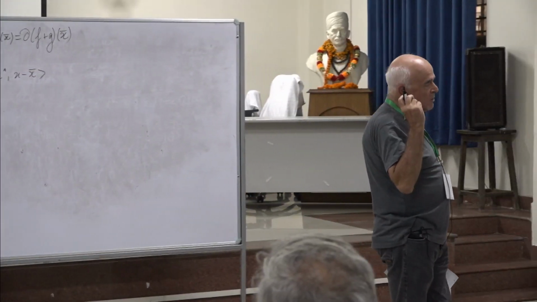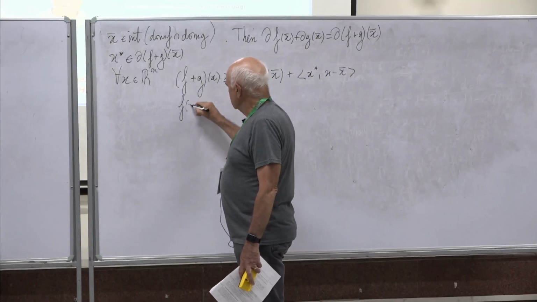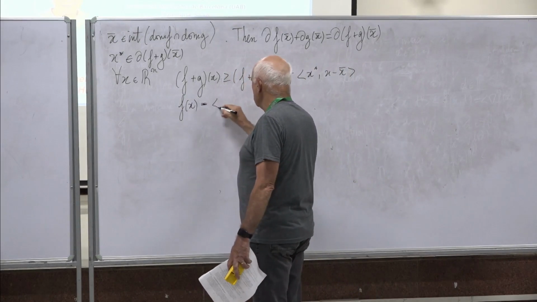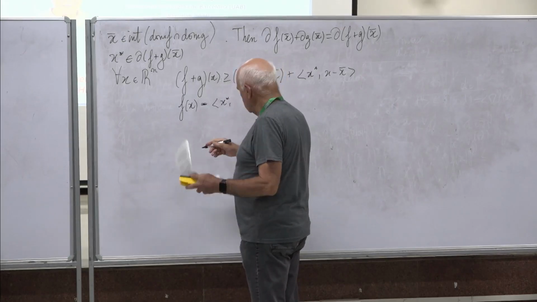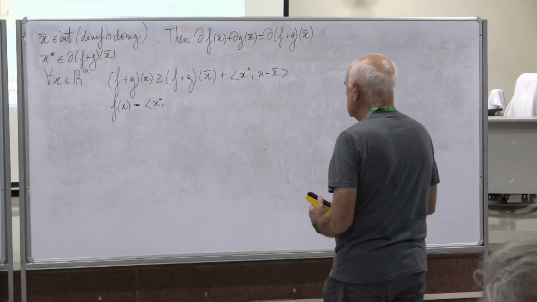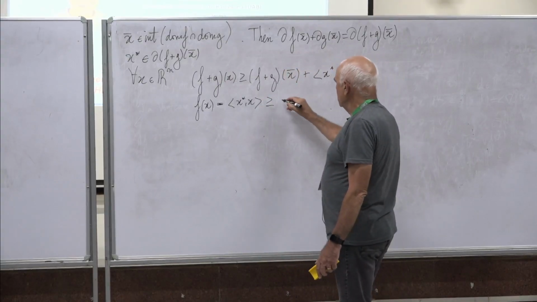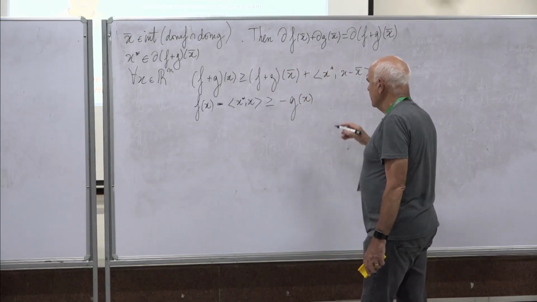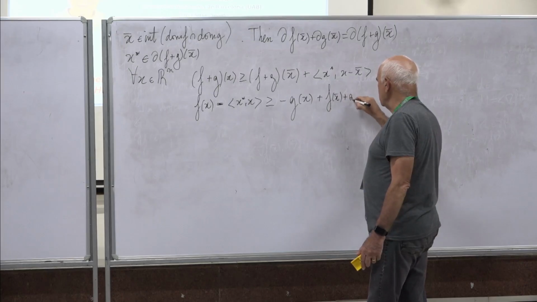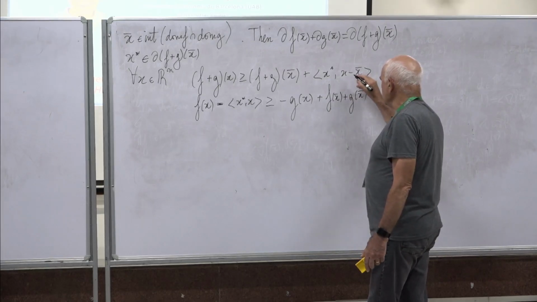Just the separating inequality. But I'm going to express it in a different form. f of x minus x star x is greater than or equal to minus g of x plus f of x bar plus g of x bar minus x star x bar.